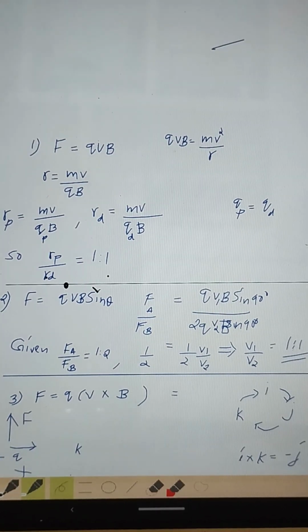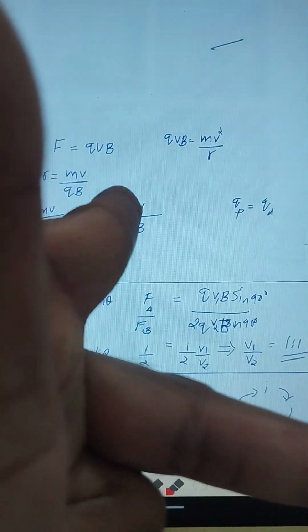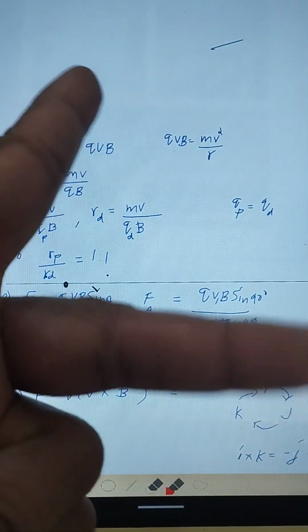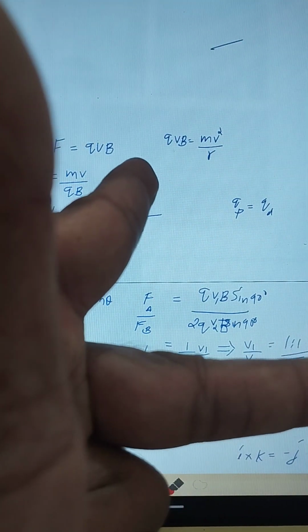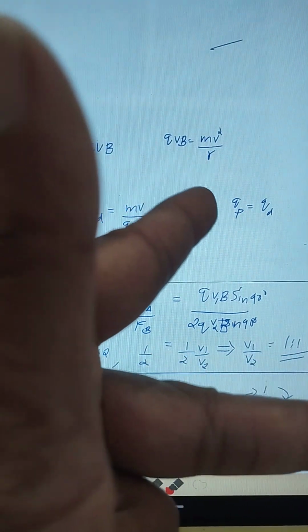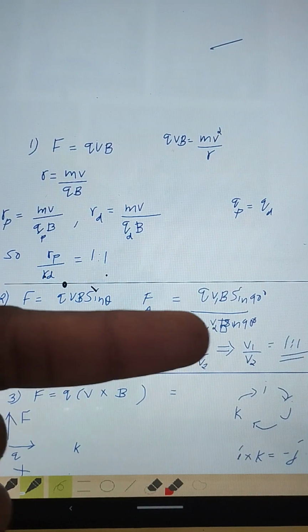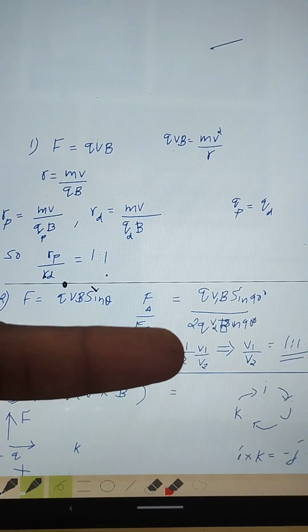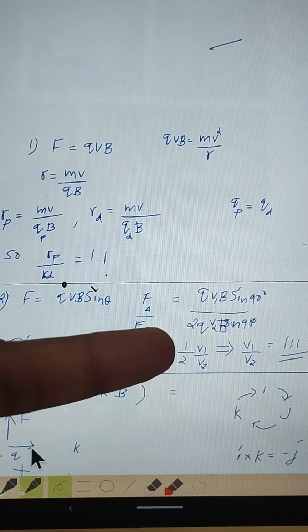So in Fleming's left-hand rule, the thumb, pointing finger, and middle finger should be aligned mutually perpendicular to each other. The thumb represents the direction of force, and the middle finger represents the direction of current. Here the alpha particles, positively charged particles, are moving along x direction, so that is the direction of current.